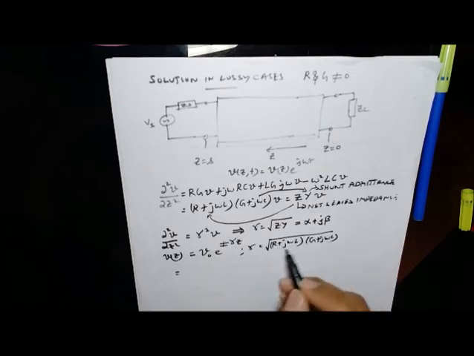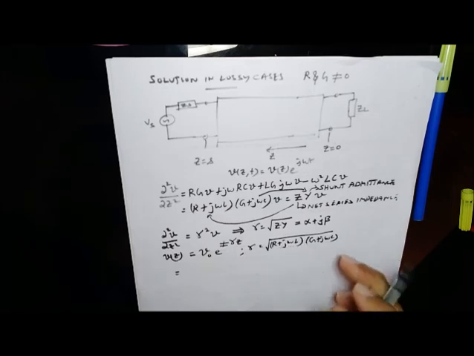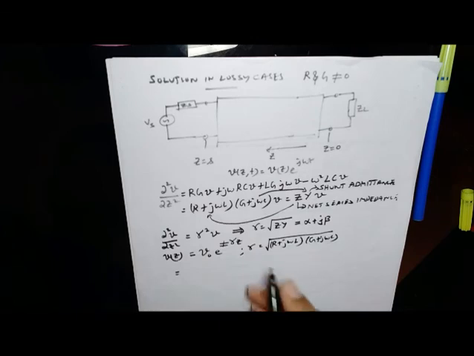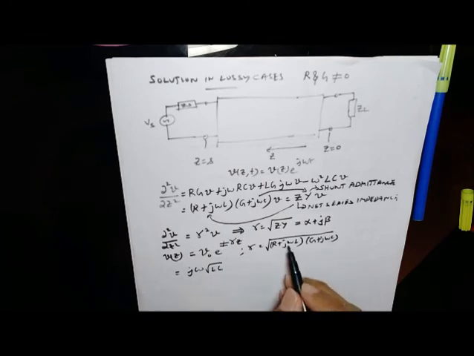The multiplication of the two will give me minus omega square LC. That minus omega square LC I'll take out of the square root to get j omega root LC.